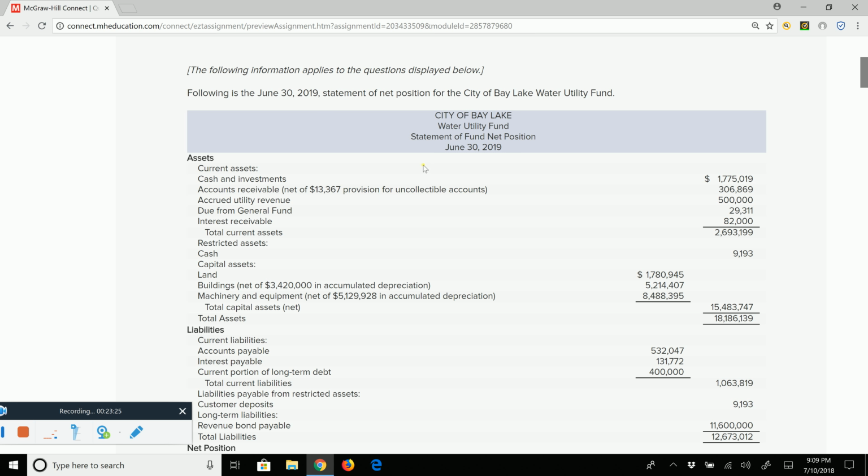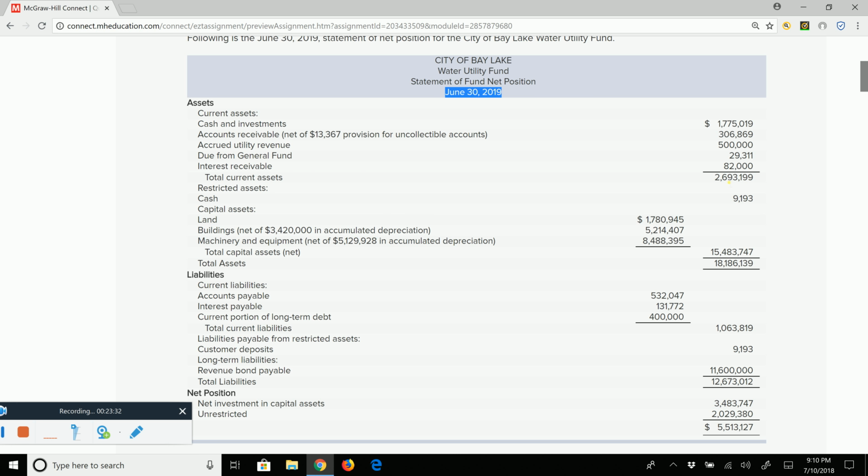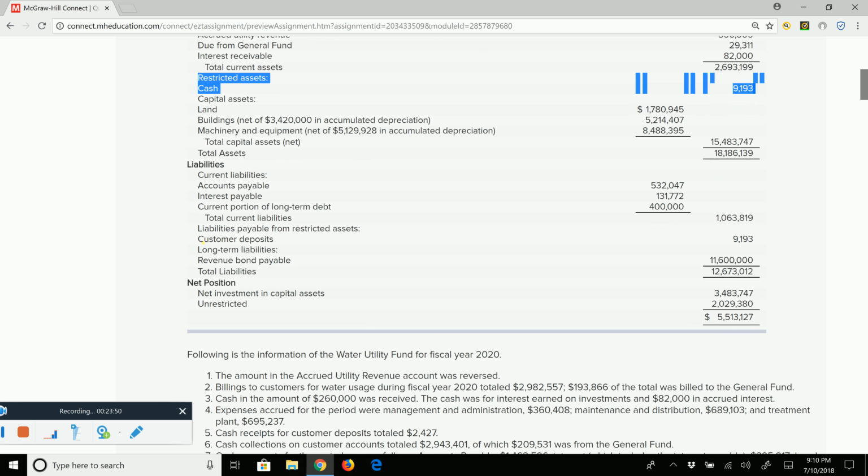Here is the balance sheet as of June 30, 2019. You can see we have our current assets totaling $2,693,000. We have a restricted asset. I want you all to take a look at that, $9,193. And then, of course, we have our fixed assets. On the liability side, the reason I wanted you to see the restricted cash of $9,193, on the liability side, we have an offset.